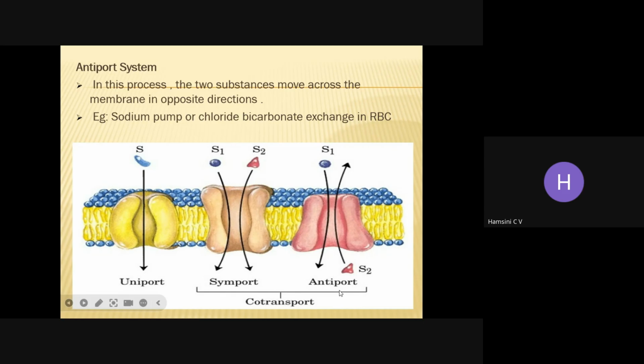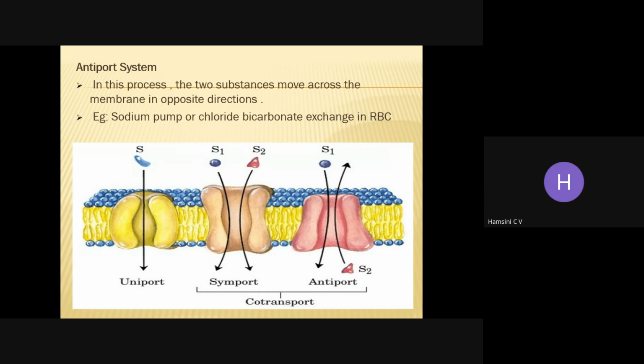See, write the diagram. Write however it is. For example, if S is there, arrow is shown. Write this complete thing properly. Indicate it with arrow properly, because the arrow tells everything. And here below uniport, please give the example: diffusion. Symport, glucose transport.